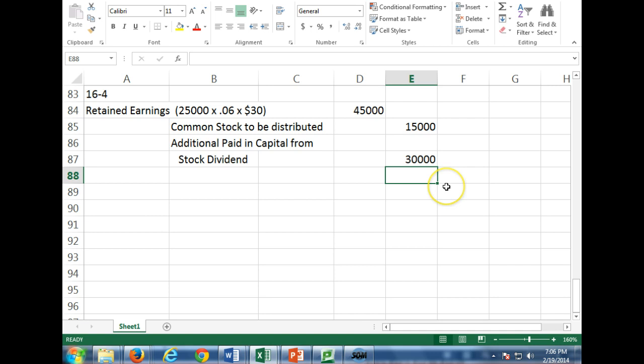Okay, so how are we coming up with common stock to be distributed 15 and additional paid in capital from stock dividends of 30?